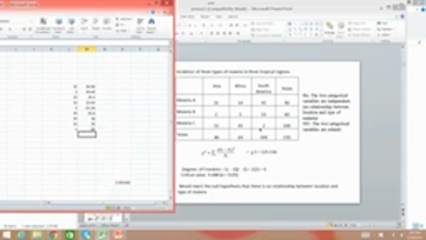Understand? So that is how we got, sorry, there is a minus term here, I made a mistake. 100 divided by 250 multiplied by 100.